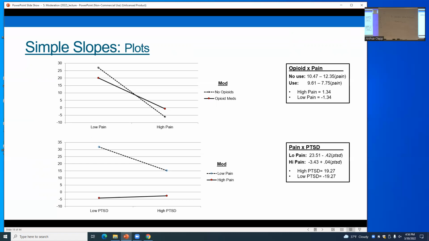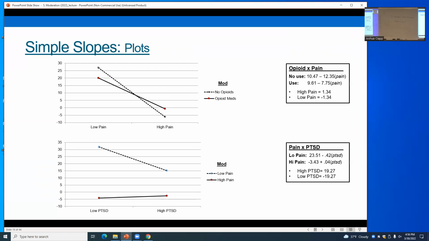What we would do, because this is a regression model with continuous outcomes, and we can see it if we're looking at these coefficients, is say that there appears to be a stronger negative association between pain and functioning for individuals who are not taking opiates as opposed to those who are.